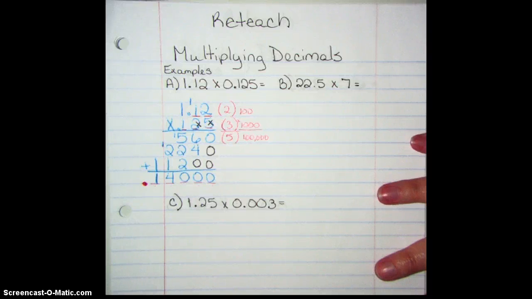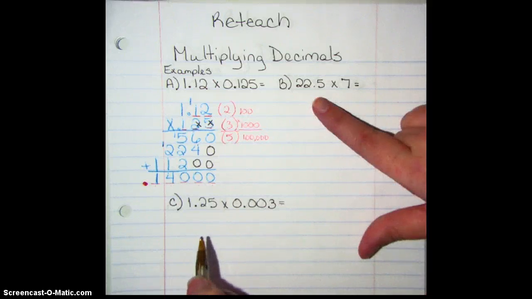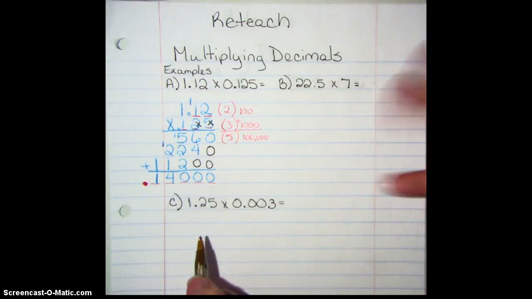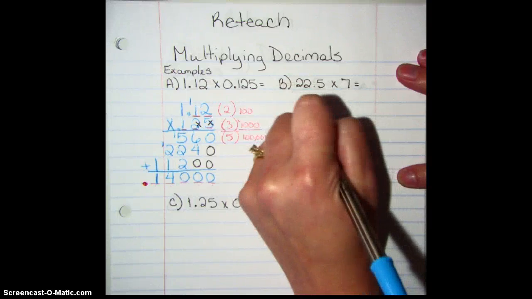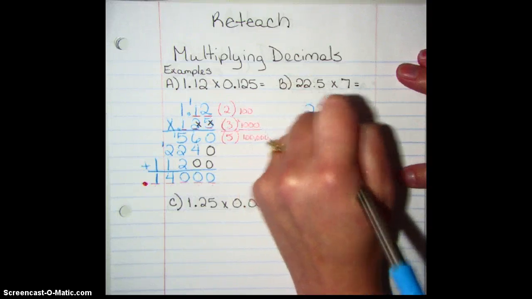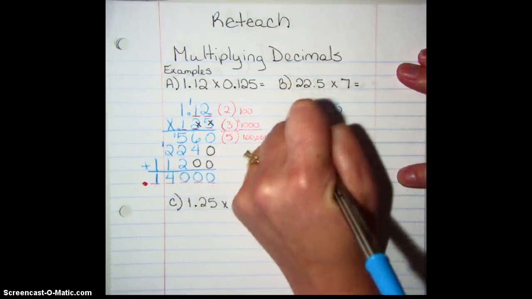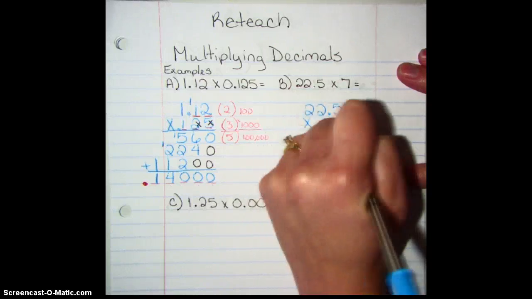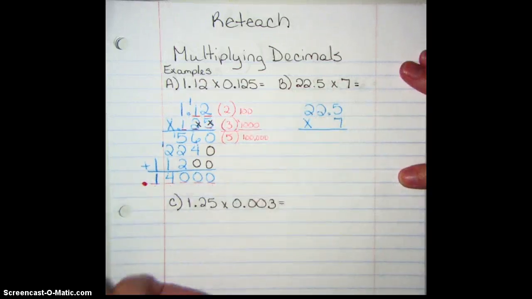Let's head over to B. B has 22 and 5/10 times 7. So I'm going to do the same thing that I did before: 22 and 5/10, stack it with the 7. Notice how I did not have to line up the decimal points.